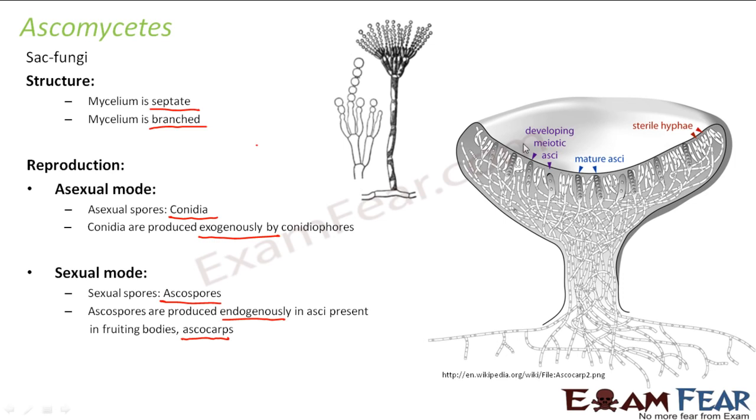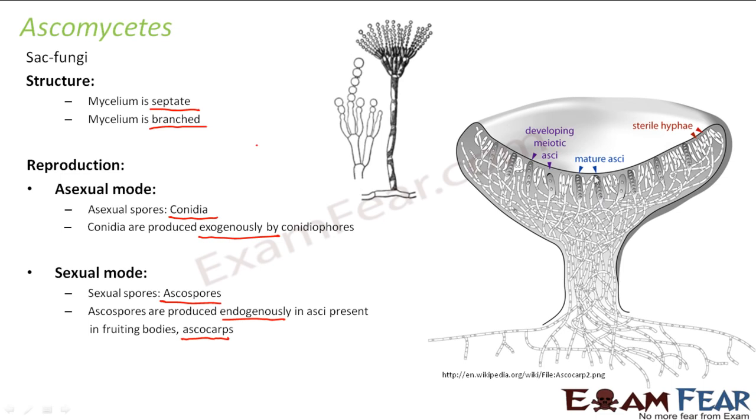Here in this picture you can see the asci. You see some sac-like structures here. These are mature asci, and in the mature asci you can see the formation of the ascospores. Here this is a sterile hyphae. You do not see any formation of ascospores here, so it will not reproduce from here. Again, here you see developing meiotic asci with a small number of ascospores, and this is a matured one where you see more spores.